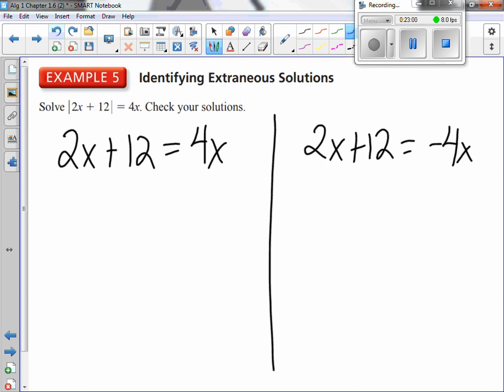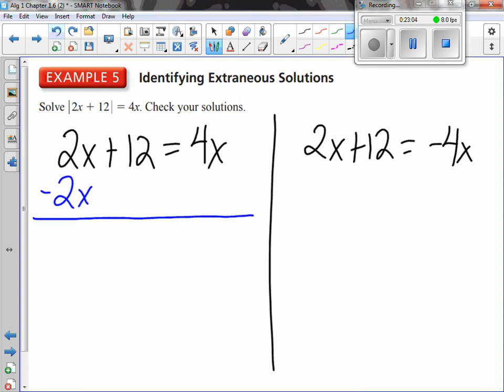So what am I going to do first? Well, I think the least amount of steps would be to subtract 2x from both sides, because I already have 4x on one side and 2x on the other, yes? So I can subtract 4x from both sides, or I can subtract 2x from both sides. It really doesn't matter.